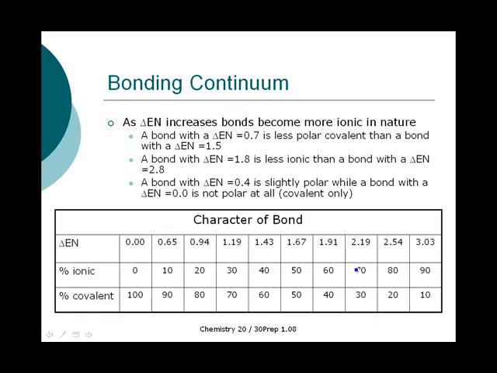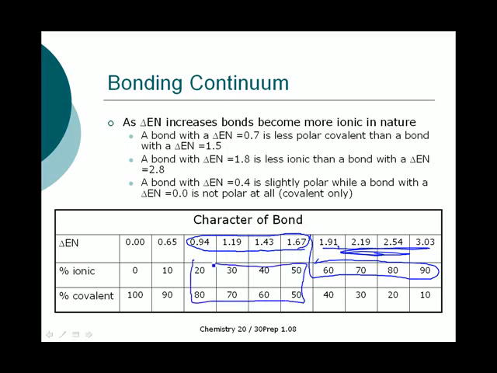And so sometimes you'll see these charts where they talk about the nature of a bond, and you don't have to memorize these percentages by any stretch of the means, but what you should see is that as you start getting past that difference in electronegativity of that 1.7-ish area, you get mostly ionic bonds with high electronegativities. You get these polar bonds that have some ionic properties in this kind of middle zone. You'll see that there's some ionic properties and some covalent properties.